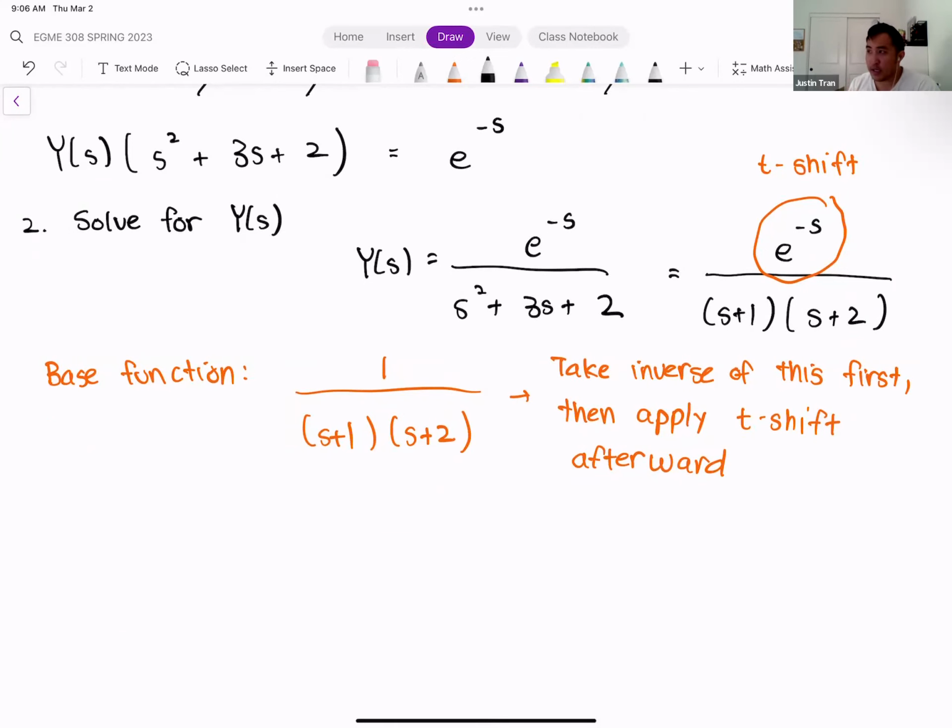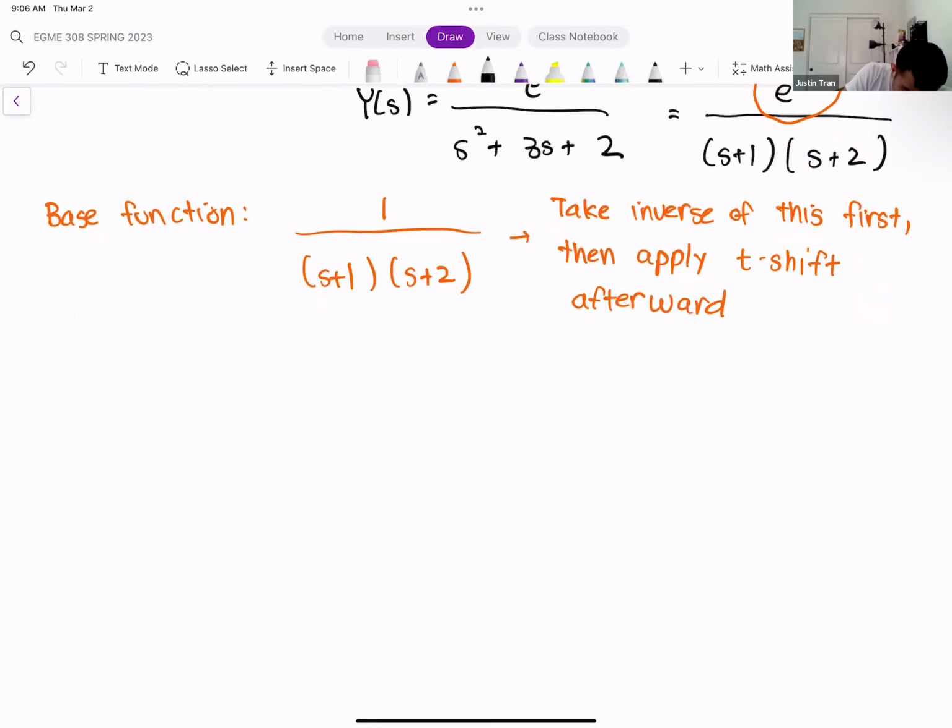With that said, let's follow the same process here. Let's ignore the e to the minus s for now, and take the inverse Laplace of this base function, 1 over s plus 1 times s plus 2. As it is right now, we can't take its inverse Laplace, so let's break it up into two terms.